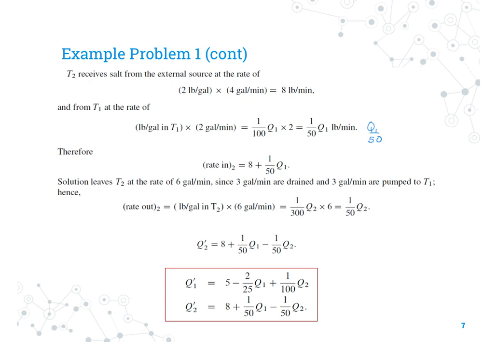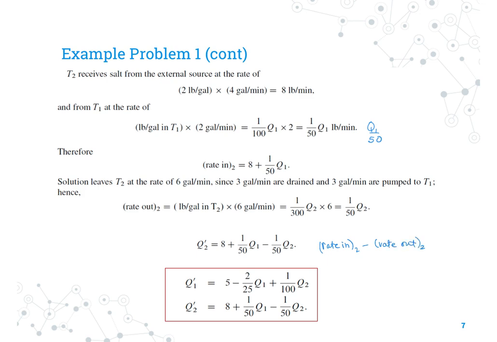So Q2 over 300 times the total rate, which is 6 gallons per minute. 6 over 300 gets us 1 over 50, so we have Q2 over 50. And one more time for Q2, we have the rate in sub 2 minus the rate out sub 2.